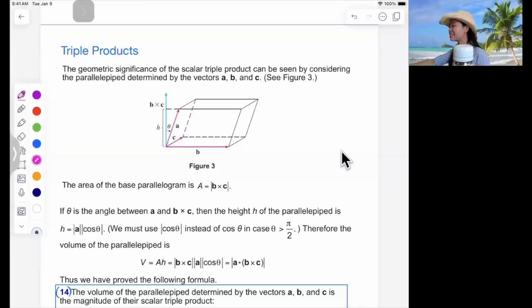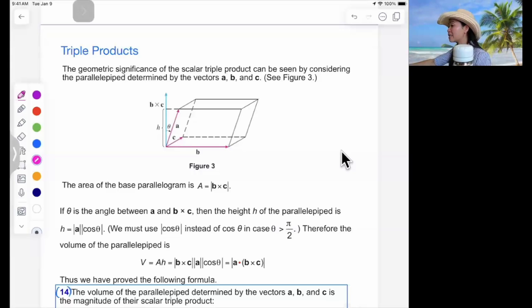So the base here is a parallelogram, but each face here will also be a parallelogram. Every face of this solid will be a parallelogram.